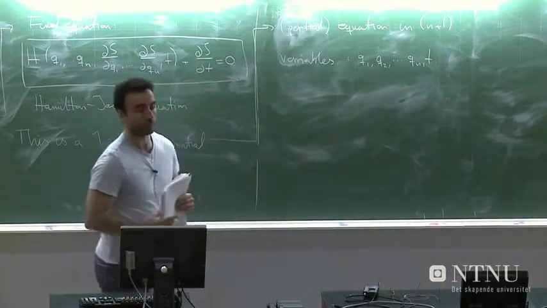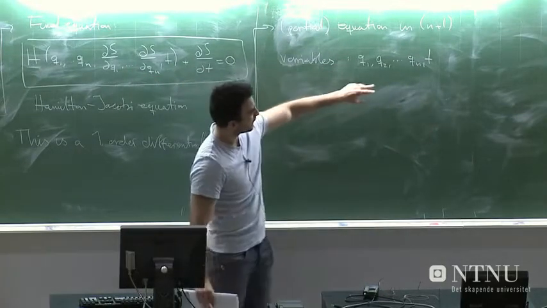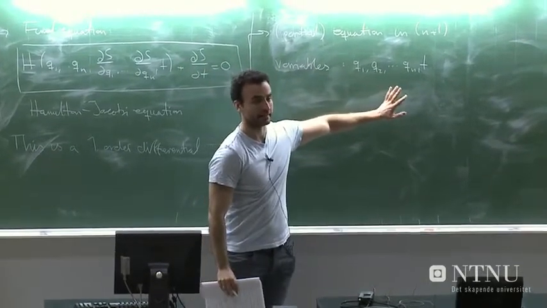And these n plus 1 variables are the n spatial coordinates and time.